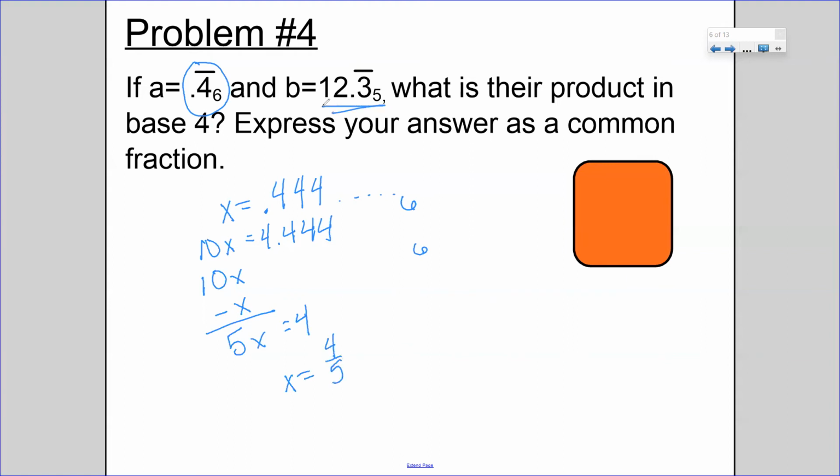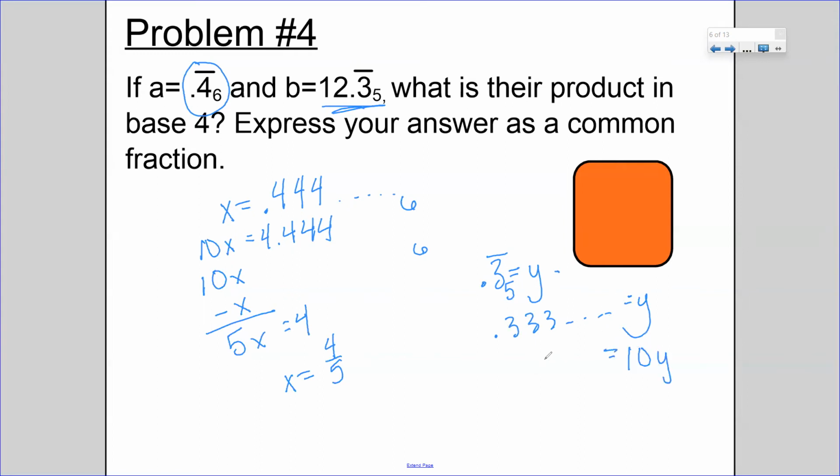We can do the same thing here with this 0.3 repeating. Call 0.3 repeating equal to y. And again, we're still dealing with this in base 5. So 0.333 is equal to y, which means that 10y is actually 5y, right?